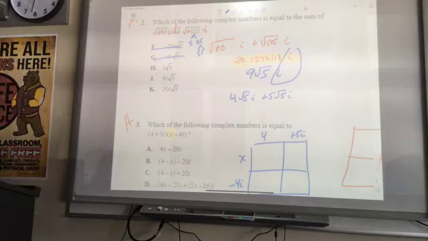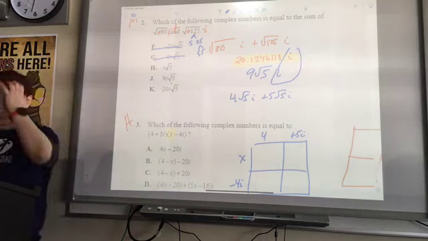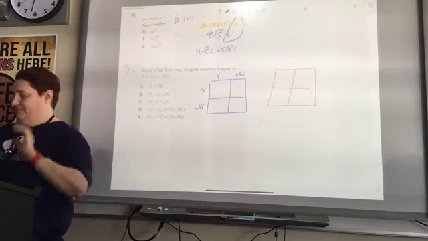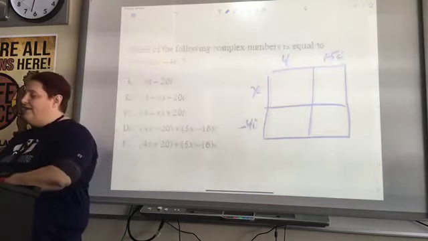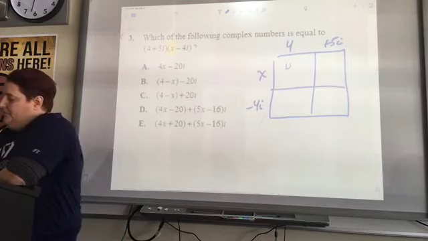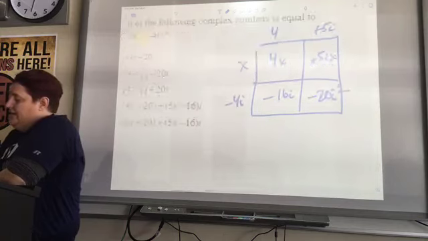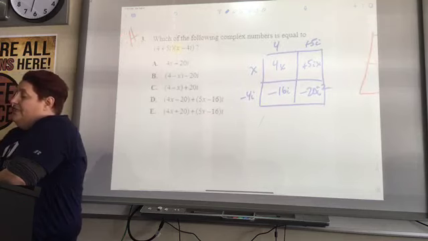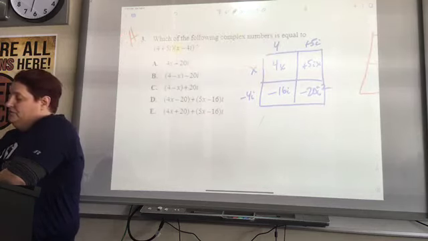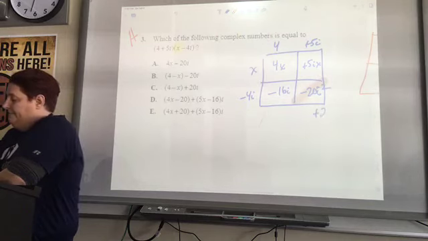Now, when I do this one, guys, I get 4x, I got 5ix, I got negative 16i, and I have negative 20i squared. And then negative 20i squared turns into positive 20.